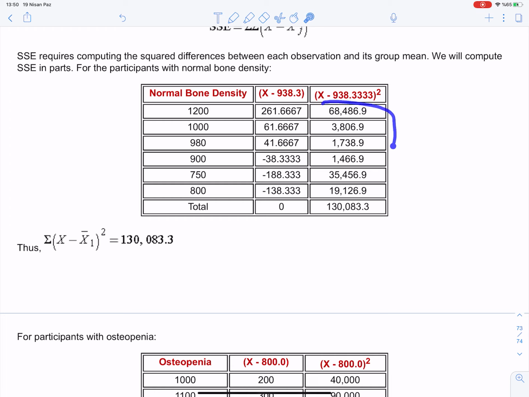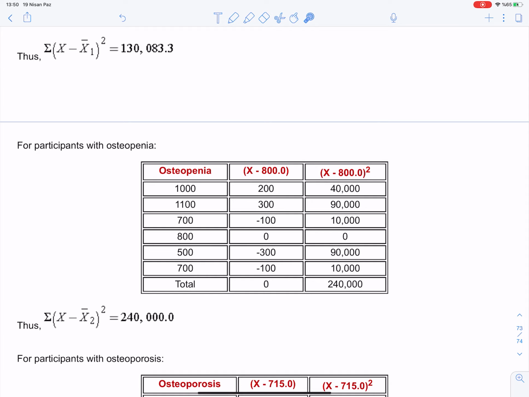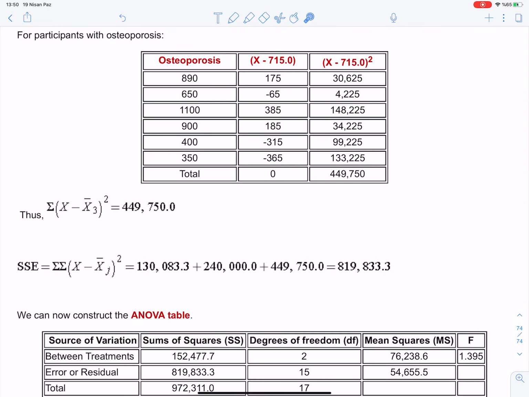Performing the calculation for the first group, you get 130,023.3, for the second group you get 240,000, and for the third group you get 449,750.